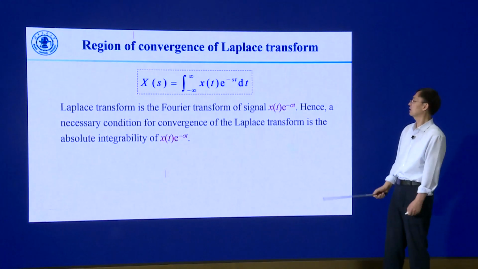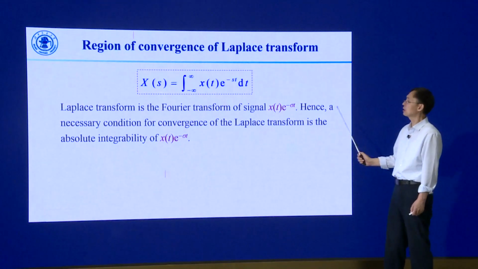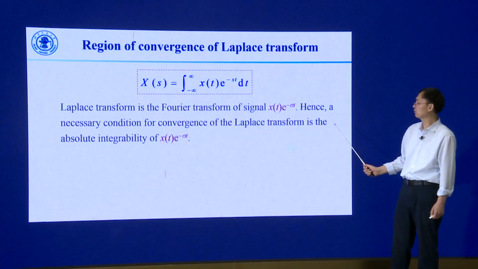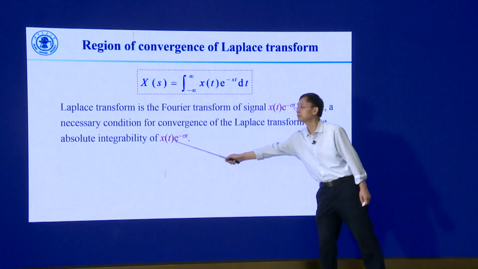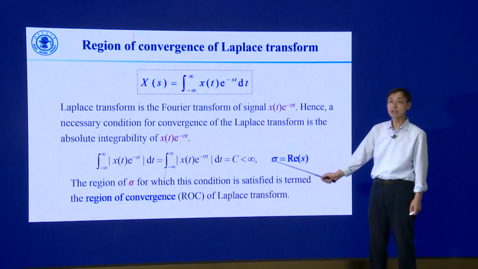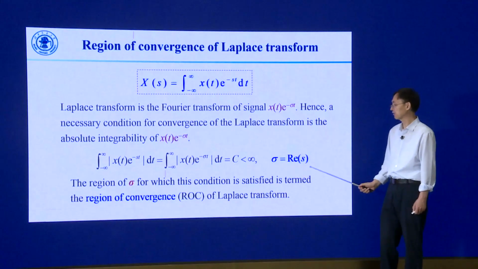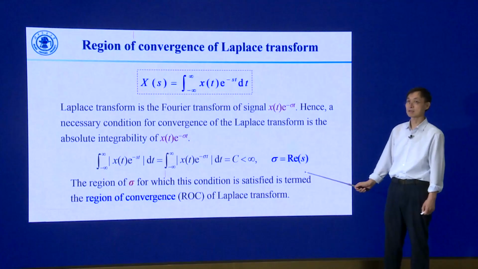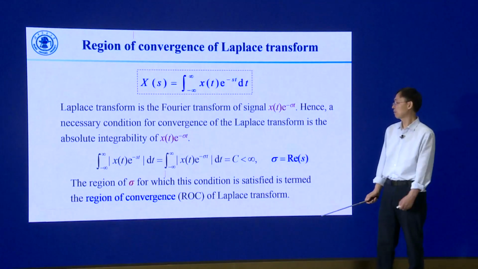The Laplace transform is the Fourier transform of this signal. Hence, a necessary condition for convergence of the Laplace transform is the absolute integrability of this signal. The region of sigma for which this condition is satisfied is termed the region of convergence, ROC, of the Laplace transform.